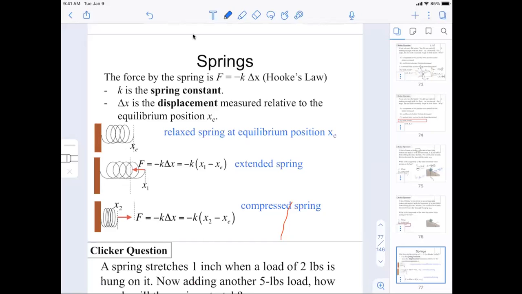But exactly what does the formula look like? I mentioned this briefly, but today let's look at this in more detail. The force provided by the spring is proportional to how much you stretch it, how much you compress the spring or stretch the spring. That's delta x.